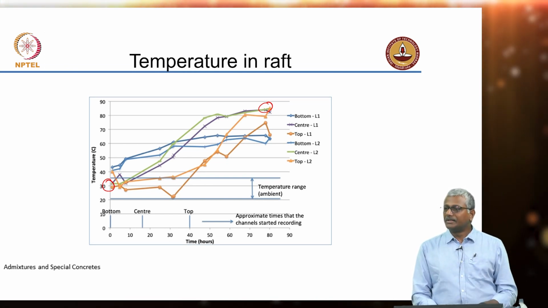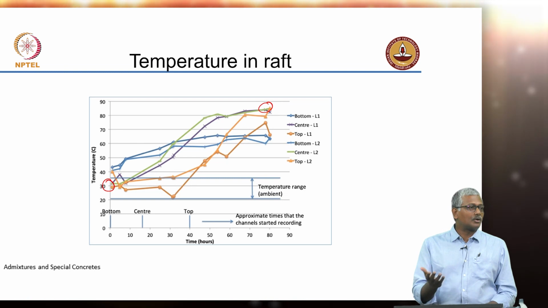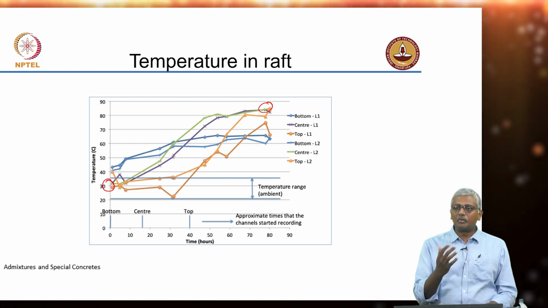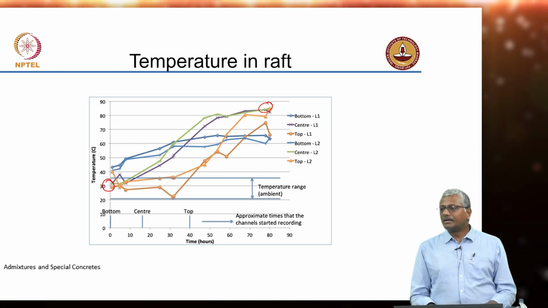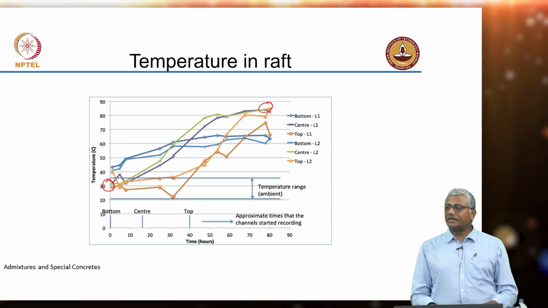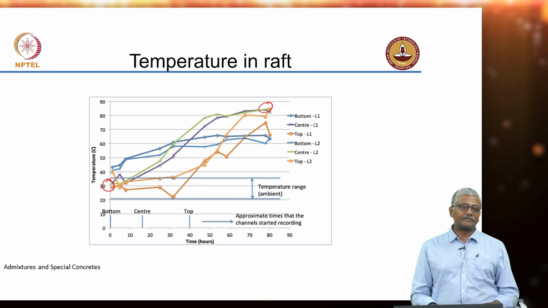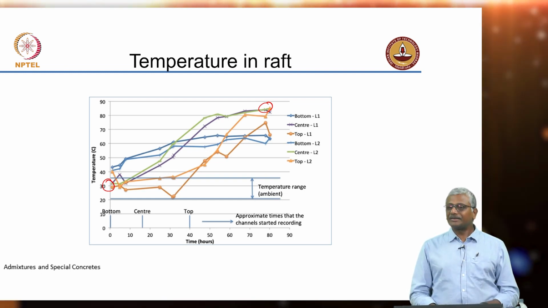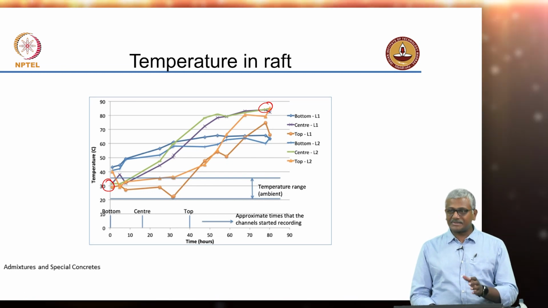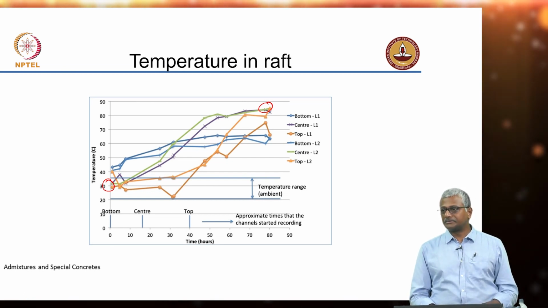So, very often the client would tell the contractor, I want a concrete which will not go beyond 70 degrees Celsius. And yet in the same spec, they would have allowed a placement temperature of 30 degrees Celsius. So, the contractor has to ensure that they are addressing this problem holistically.